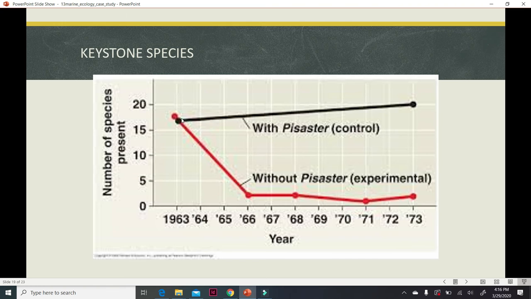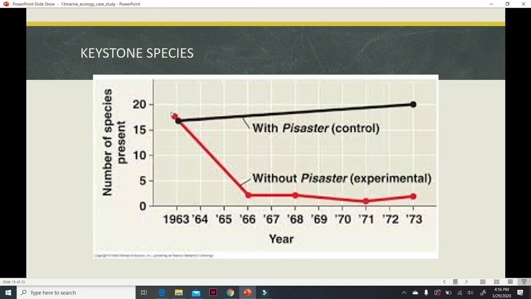The black is the plot he left alone, and the red is the plot that he took the sea stars away from. You can see that they started out with about the same diversity, but then over time, the plot where he took away the sea star plummeted.